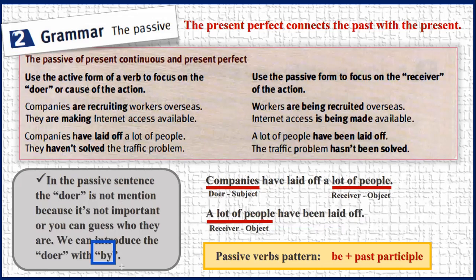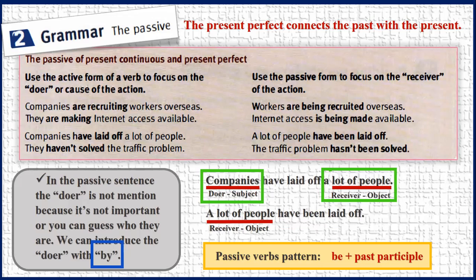By. Okay? I can say companies have laid off a lot of people. In this case, the doer is the company. This is the subject. And the receiver is a lot of people. Company is the doer of the action. A lot of people is the receiver of the action.